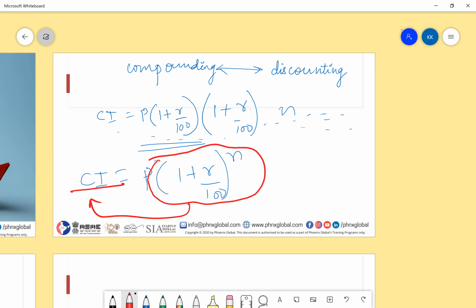Discounting won't generally be asked to you, but it is a concept that you should know in the back of your mind, so that even if a surprise question comes in any exam, you wouldn't have a new concept suddenly pop up in the question and surprise you. So compounding is basically like multiplication and discounting is division.